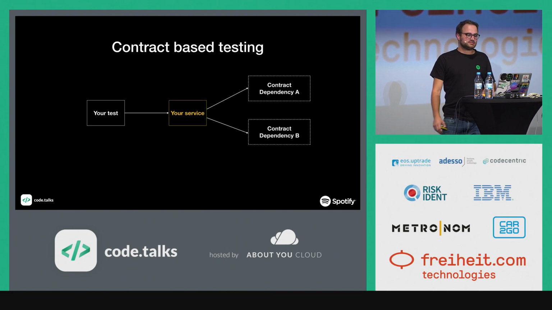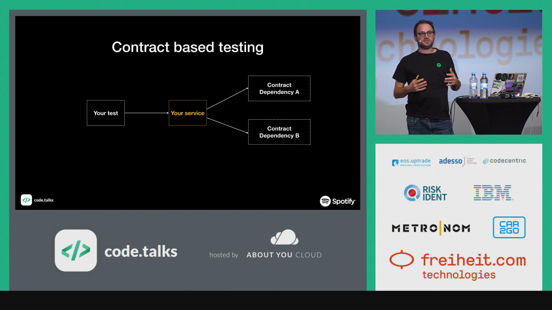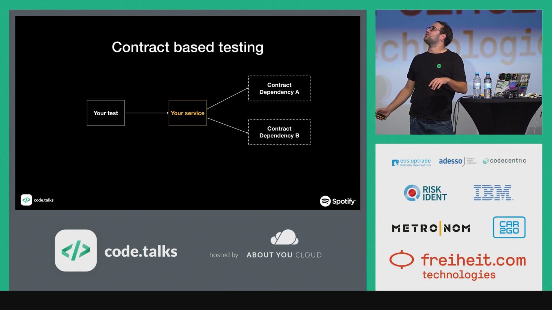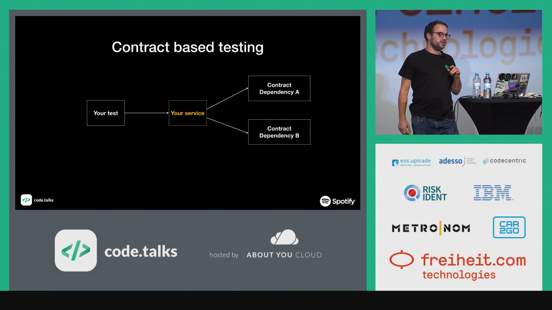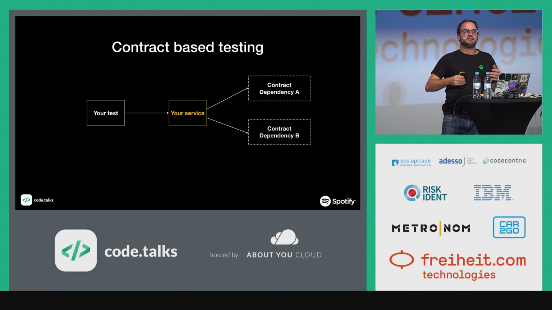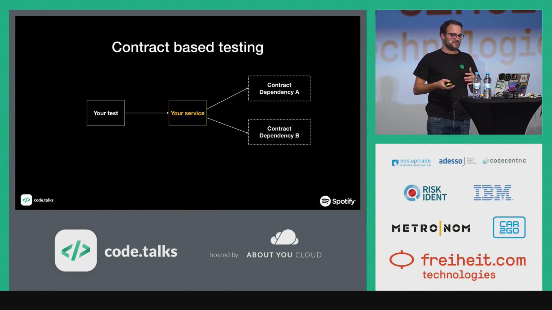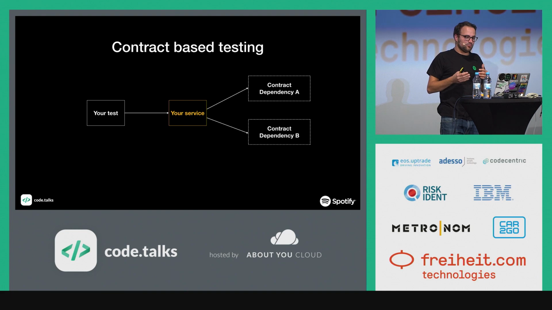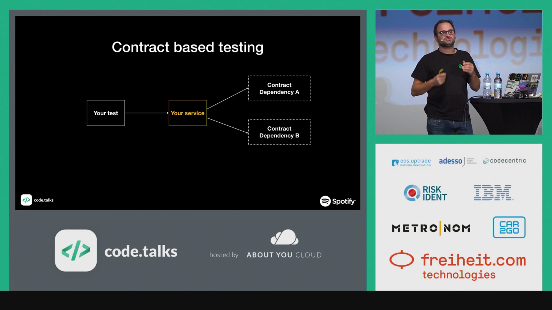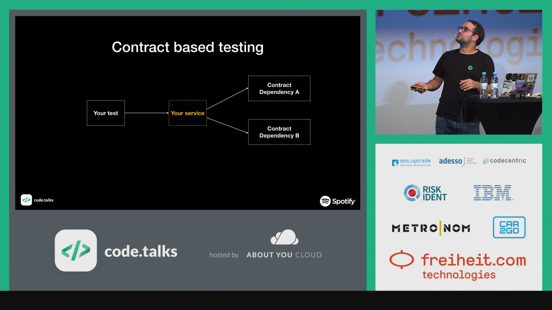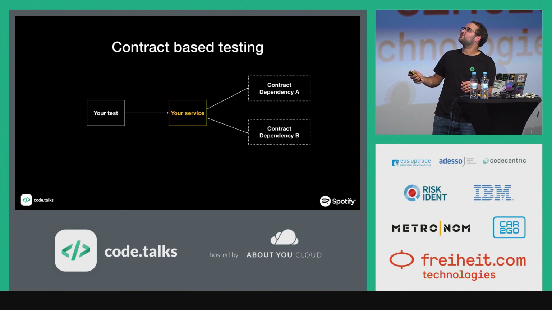Okay, let's talk about another hyped topic at the moment, which is contract-based testing. A lot of people ask me, like, yeah, but this is like the mocking. It is not really. What you do is, you don't write the mocks on your own, you generate them. And this is also the biggest downside of this.